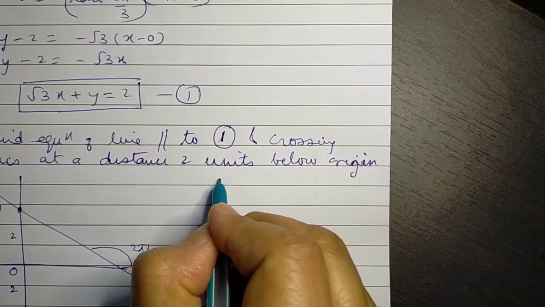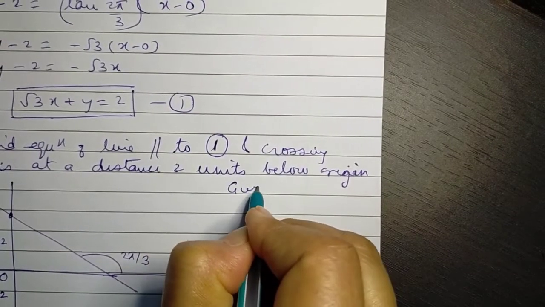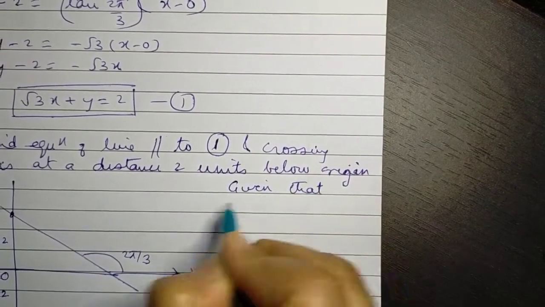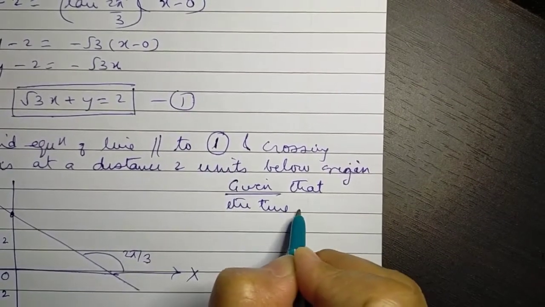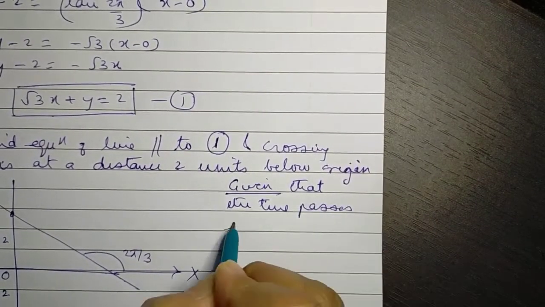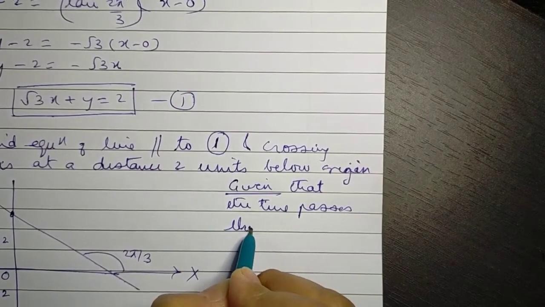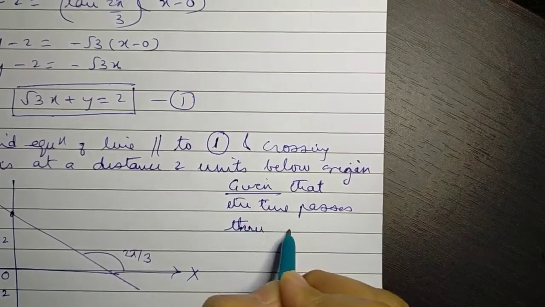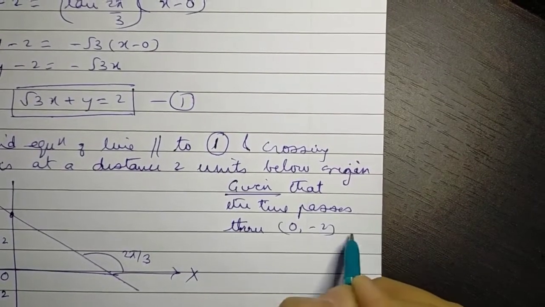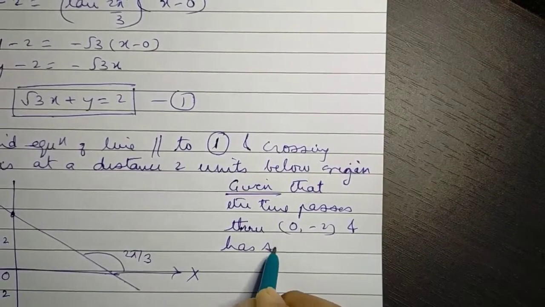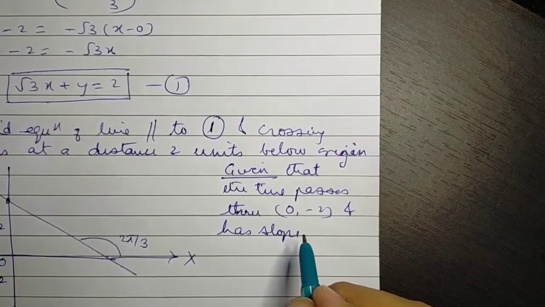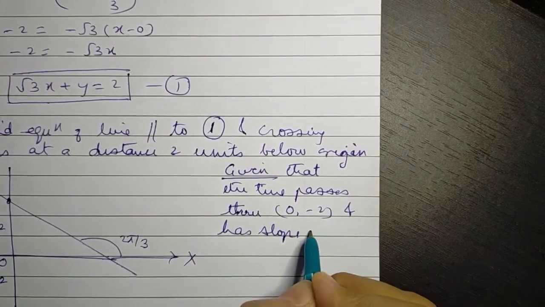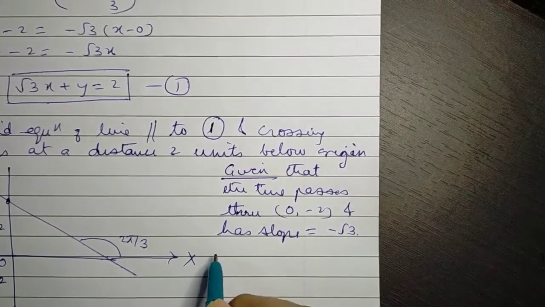So now, given that the line passes through (0, minus 2) and has the same slope as the previous line, that will be equal to minus root 3.